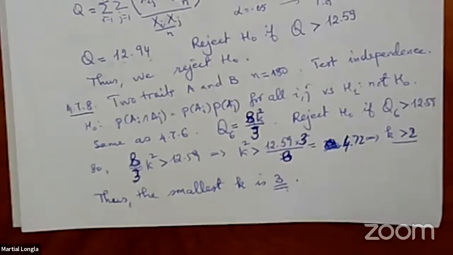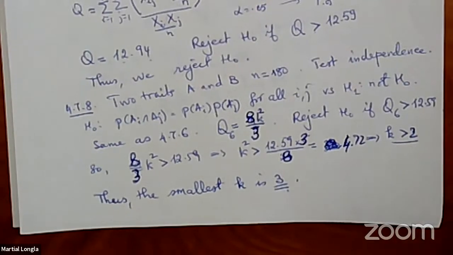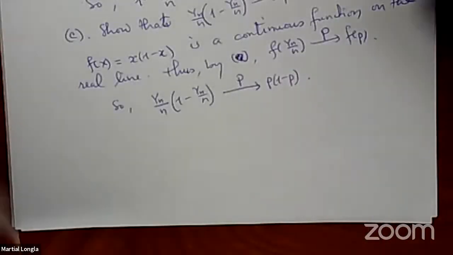So the smallest K is 3. Questions? Questions about this? Nope. See what the next guy says.